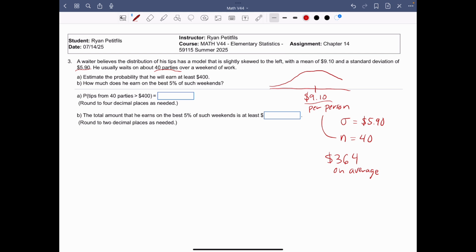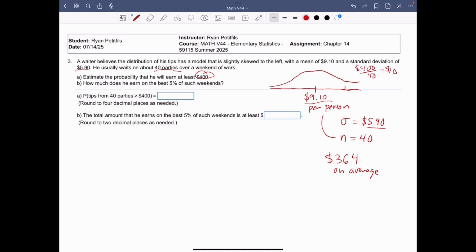Okay, so 400. Since the mean and the standard deviation are both per person, I want to convert this $400 to be per person, and that nicely divides evenly. 400 divided by 40 people would be $10 per person, right?